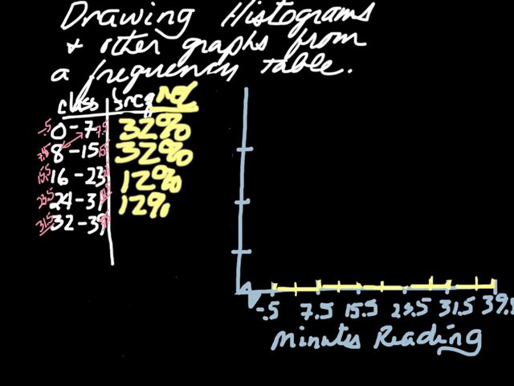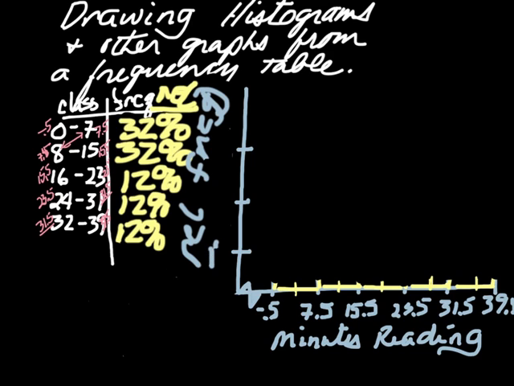And so what we're going to do is construct a relative frequency histogram. So this is relative frequency. That means these things are in percentages, so I'll put 10%, 20%, and 30%. And then I would go and graph these.